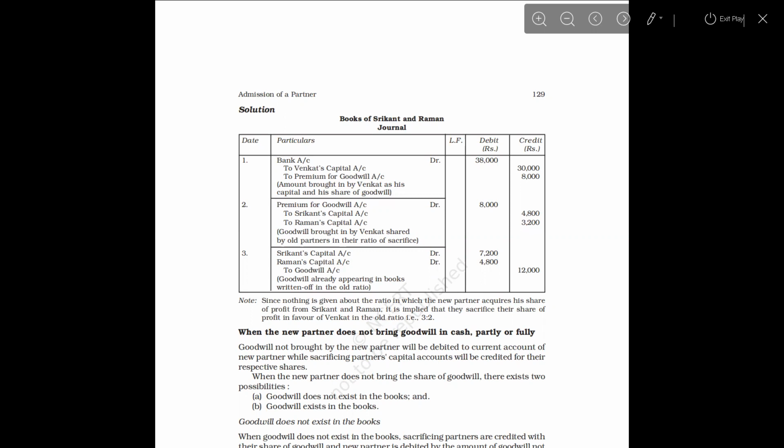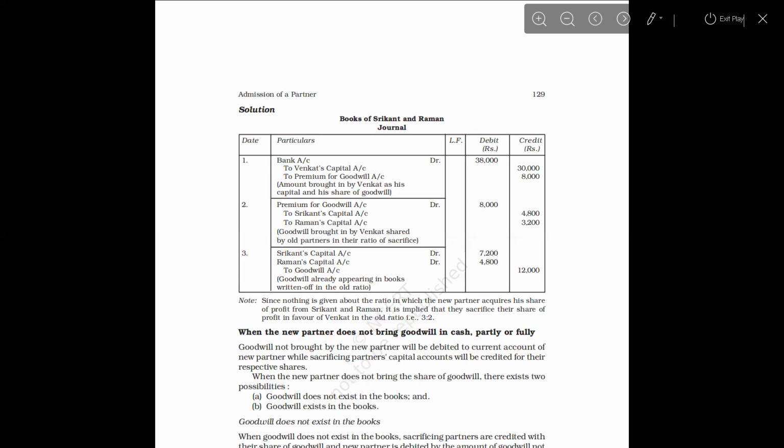The next entry: this goodwill amount is taken by the old partners in their sacrificing ratio. Here in your sum, they have given only the old ratio. They don't give the new ratio. So this old ratio we have to take as the sacrificing ratio.